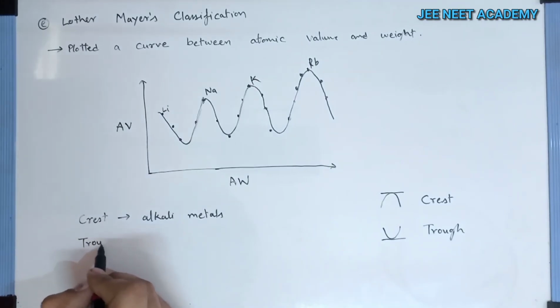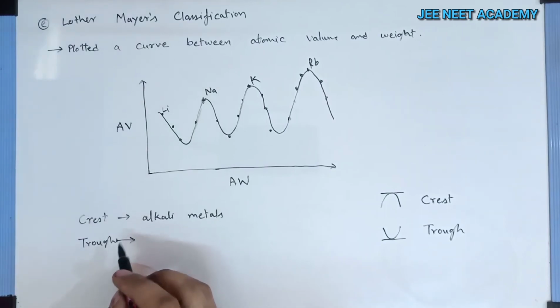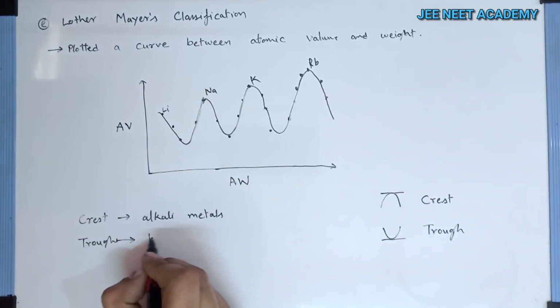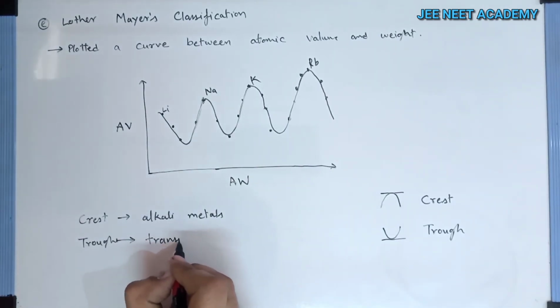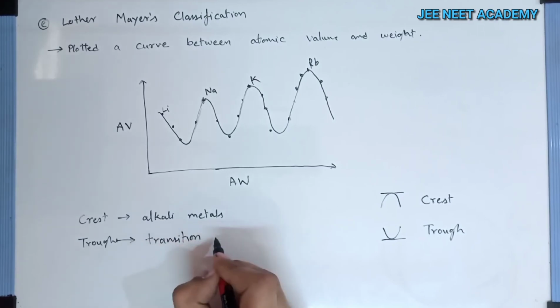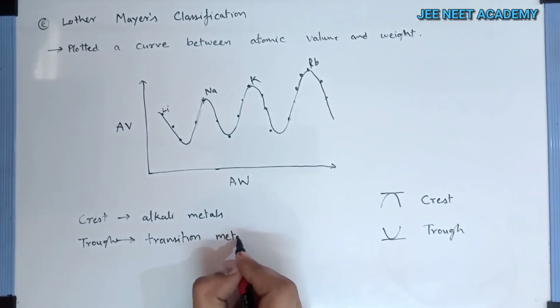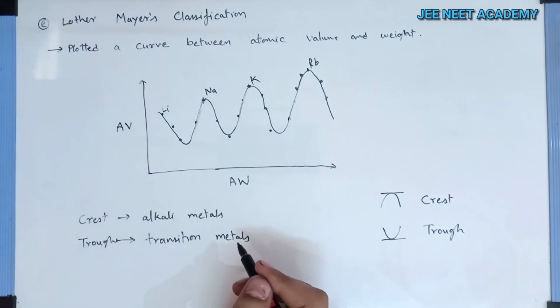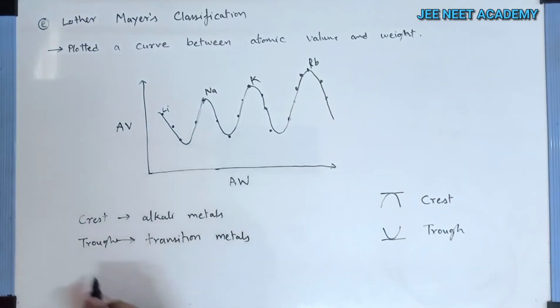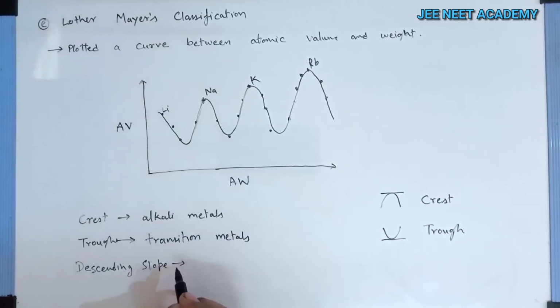Trough, transition metals. Then descending slope and ascending slope.